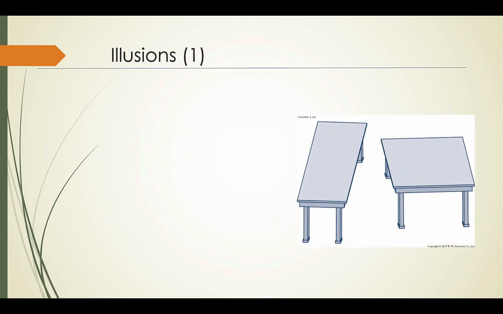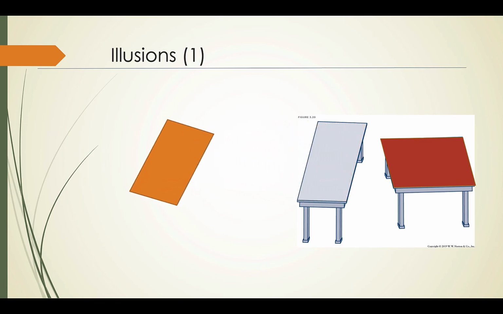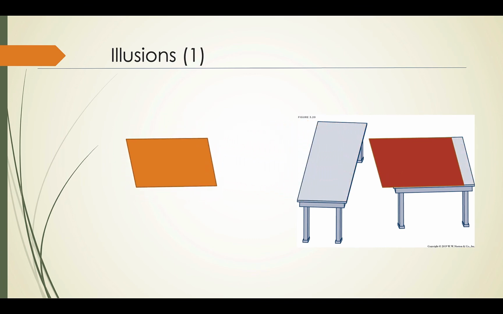Let's see two examples. These tabletops appear to differ by both shape and by size. However, this contrast is an illusion, and the tabletops are actually identical in shape and size. The illusion is caused by the same mechanisms that, in most circumstances, allow you to achieve constancy.